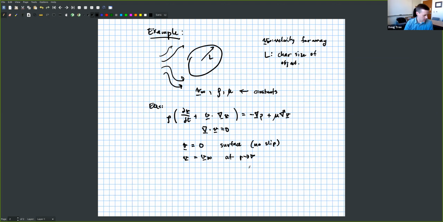I'm also going to define v infinity without the vector as the magnitude of v underscore infinity. If I ever leave that off, just know that that's the magnitude. Okay, so any questions about the first setup of the problem? Okay, so that looks pretty straightforward then.